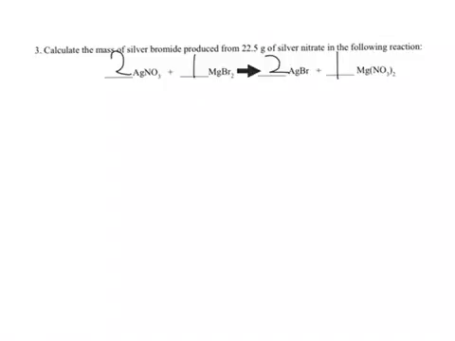All right, let's read through our problem. Calculate the mass of silver bromide produced from 22.5 grams of silver nitrate. So the chemicals that we are going to focus on in this reaction are silver bromide and silver nitrate.